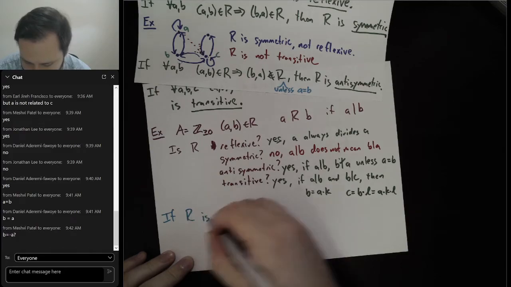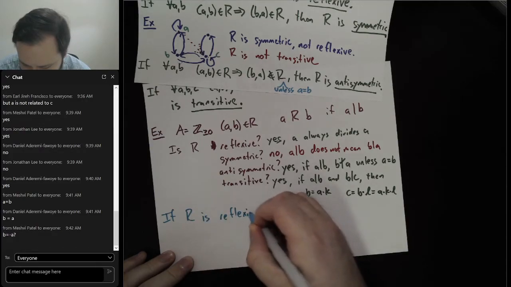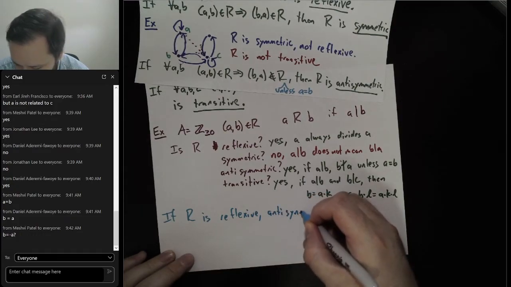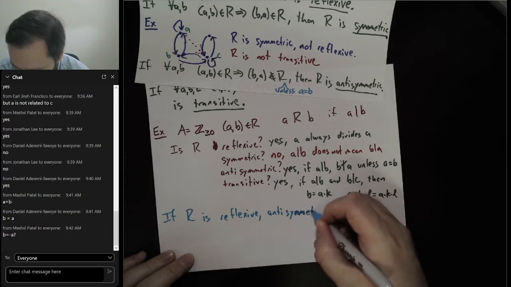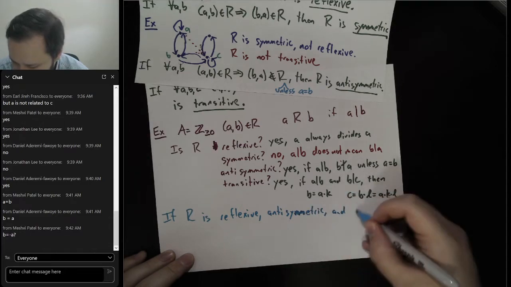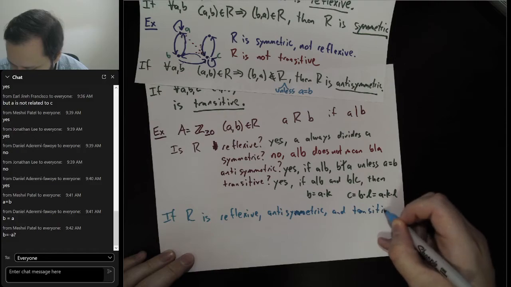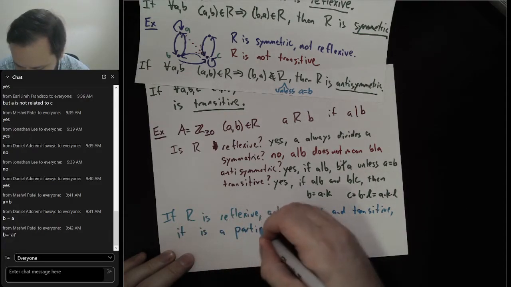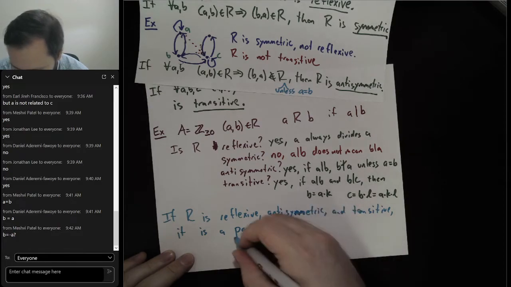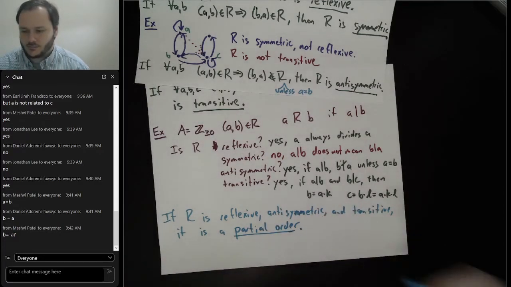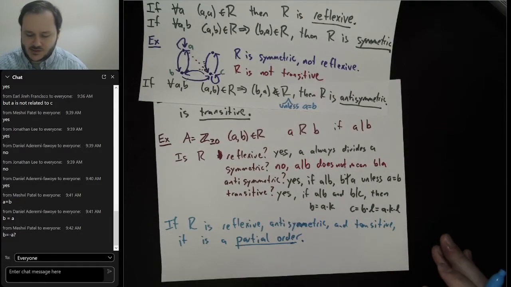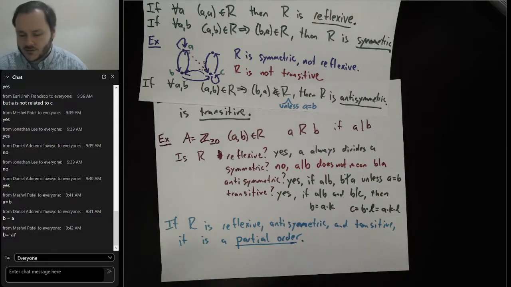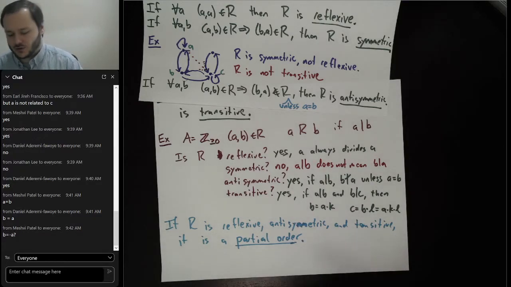If R is reflexive, antisymmetric, and transitive, it is a partial order. Partial order meaning you can put things in order from smallest to biggest. Maybe not perfectly, but you can say if one thing is smaller than another.